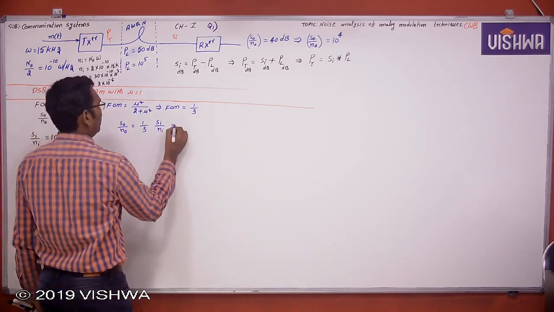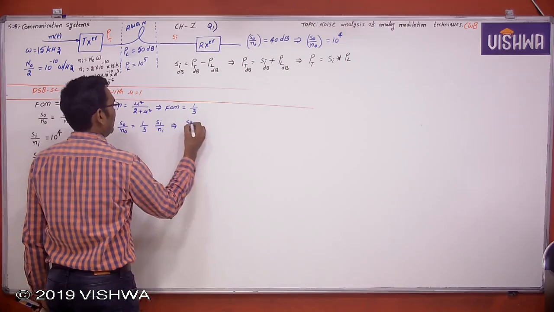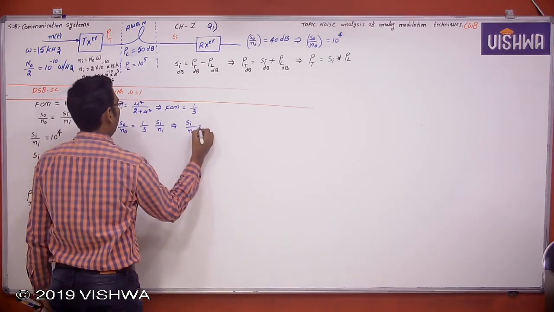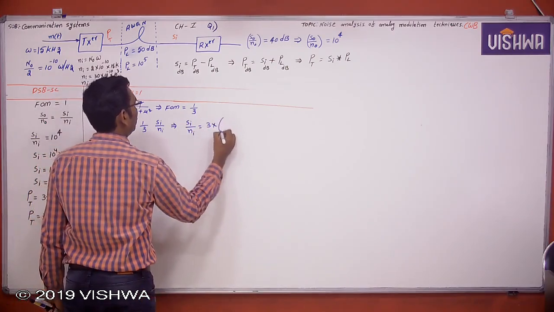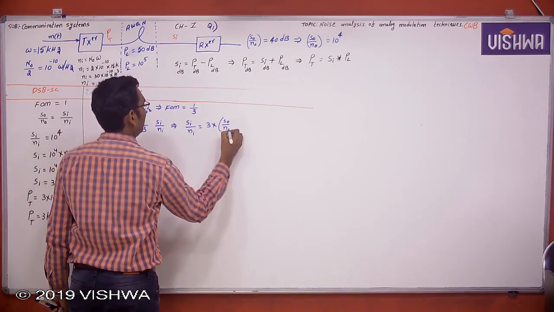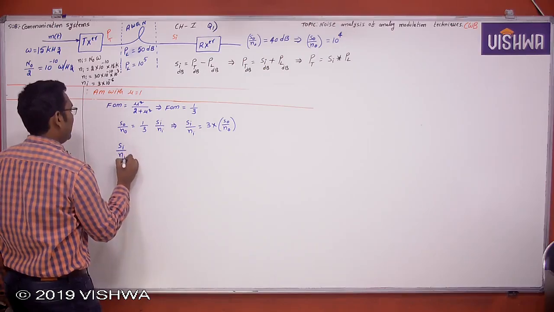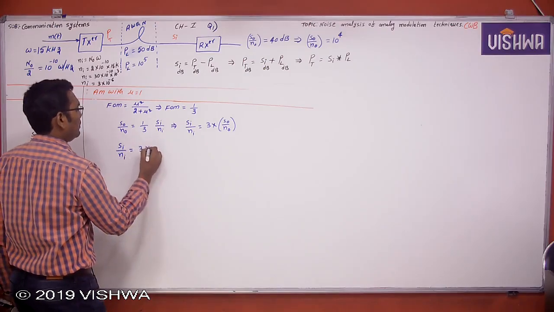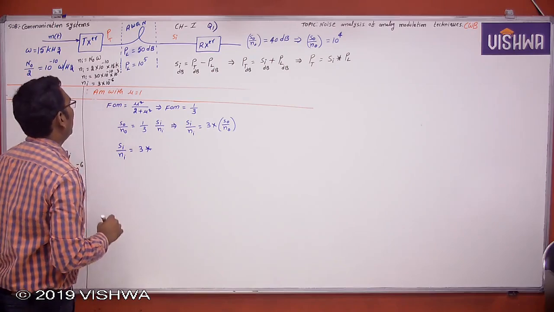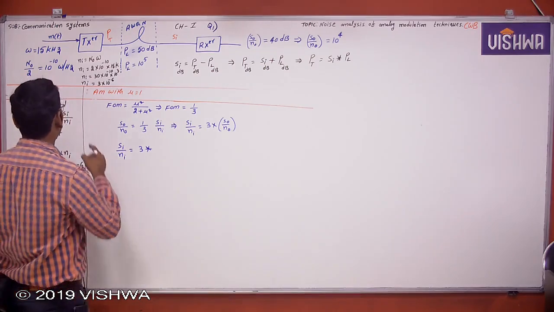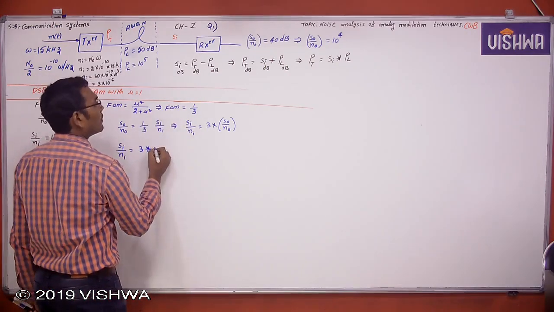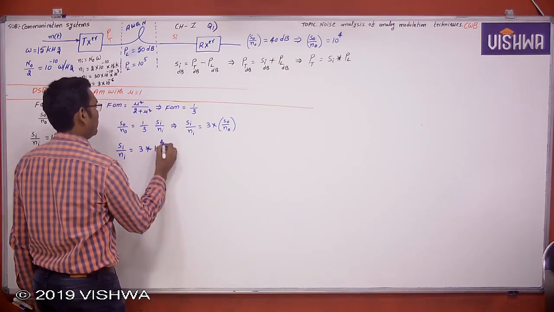Now, which is nothing but SI by NI, which is equal to 3 into S0 by N0. What is S0 by N0? 10 power 4.